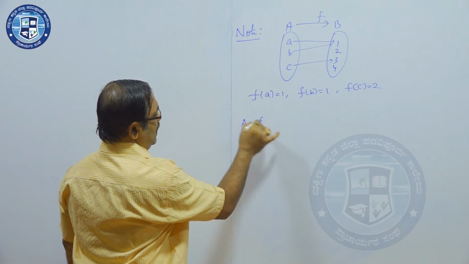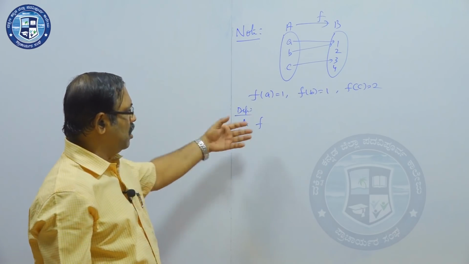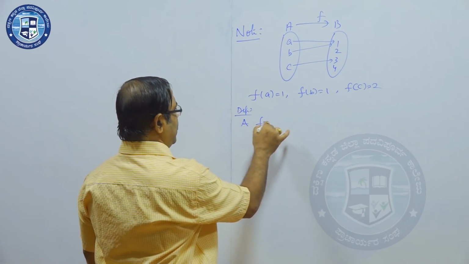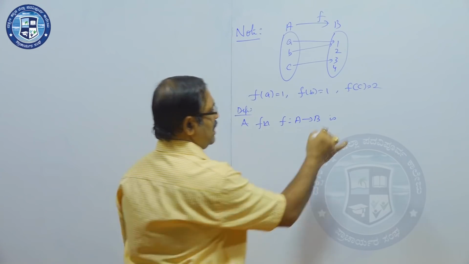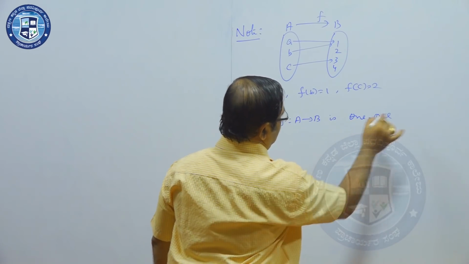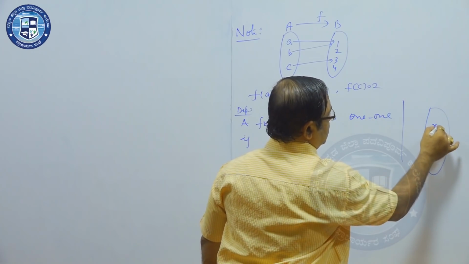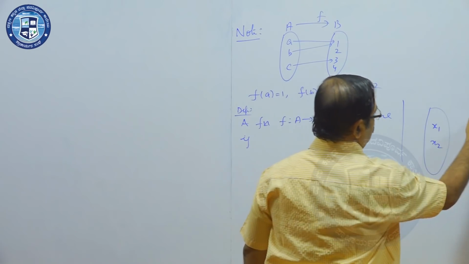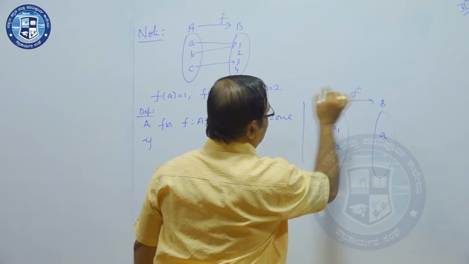Now I'll give you one more definition. The same definition can be modified like this. A function f from A to B is one-to-one if, look here, this is x1, x2. So I am writing A to B, f.